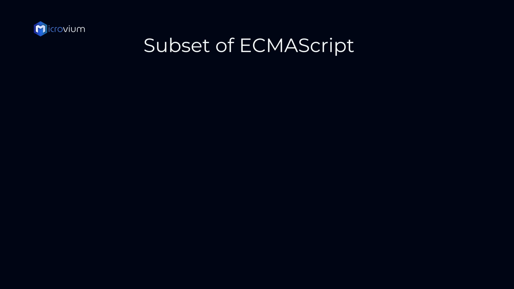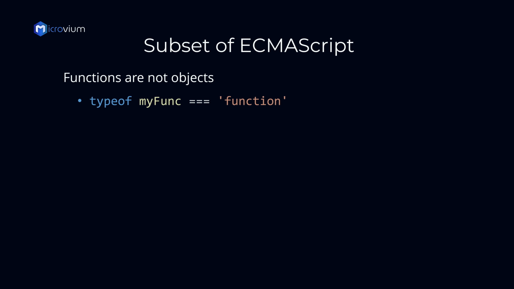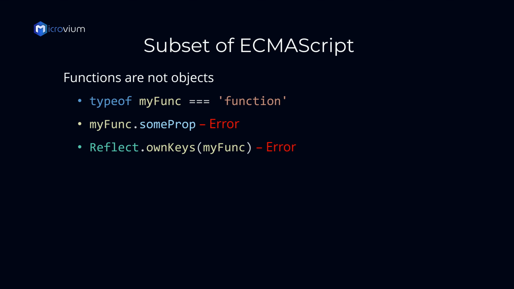Another language limitation is that Microvium functions are not full objects. If you use, say, typeof on a function, it tells you that it's a function, as you would expect. That works fine. But if you try to access properties on the function, this is treated as an error. Similarly, you can't enumerate the keys of a function. It's also an error.